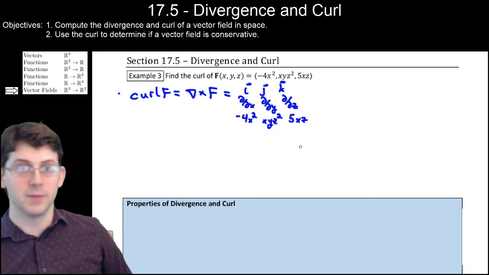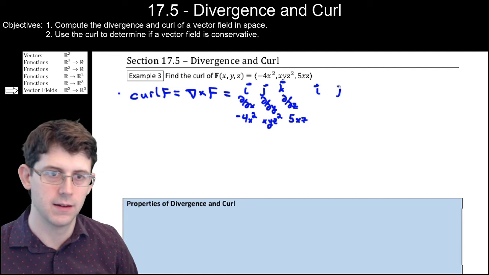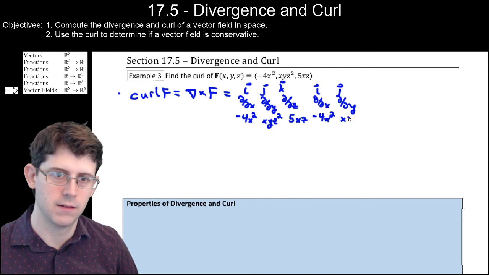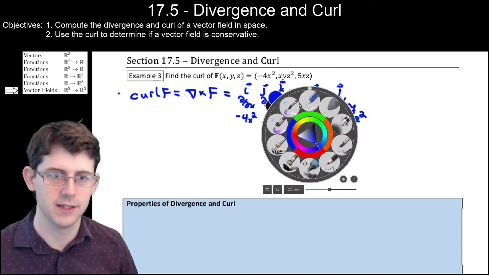You can find the determinant however you like. I like copying the first two columns and doing the forwards ones and the backwards ones.